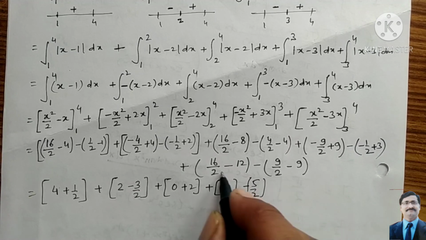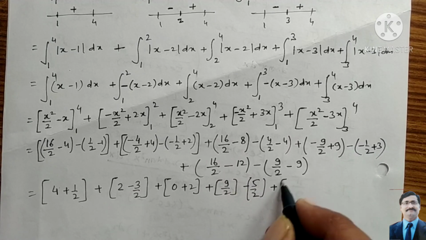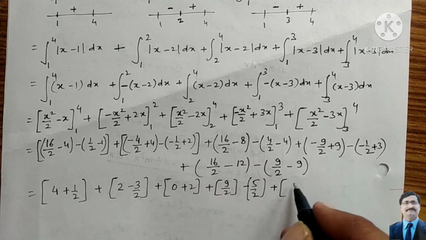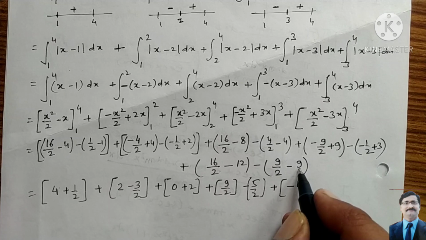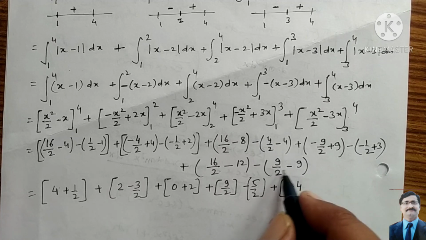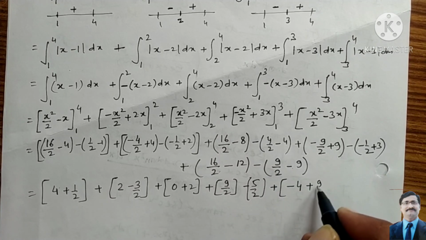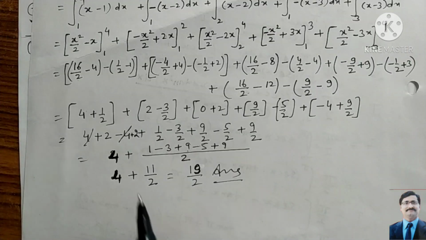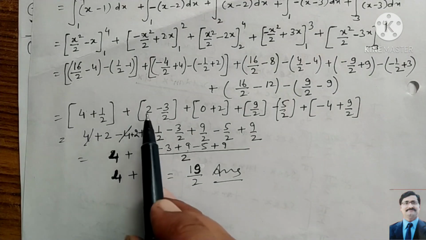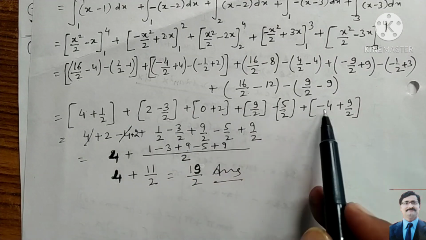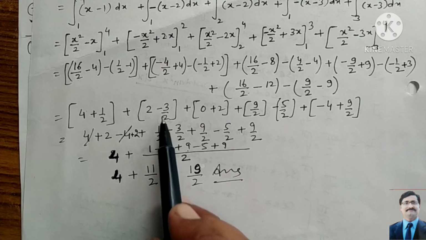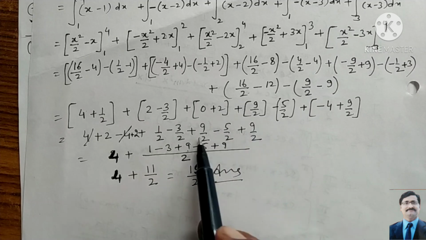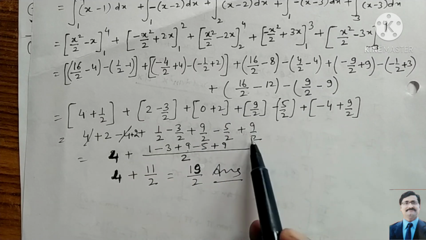And here we can write 16 by 2 is 8. 8 minus 12 is minus 4, and here is 9 by 2 and minus 9. So minus 9 by 2, minus plus, 9 by 2 we get. Look here, 4 plus 2 minus 4 and 2, 1 upon 2 minus 3 by 2, 9 by 2 minus 5 by 2, and 9 by 2 we can write here.